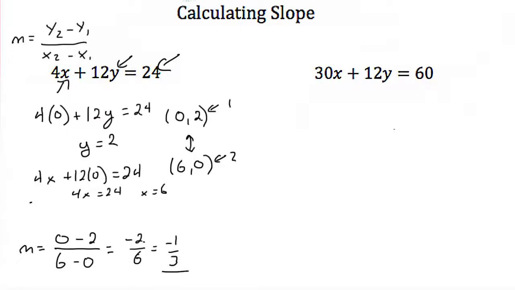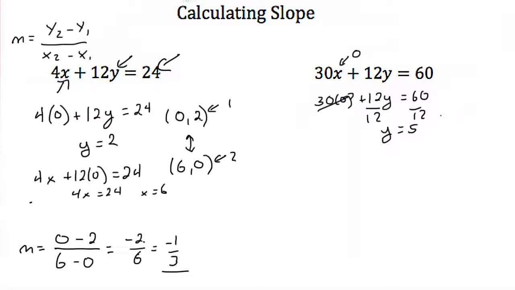Let's try this again on the next one. Again, the easiest ones to solve for are typically the zeros. So first I'm going to plug in 0 for x. So we'll get 30 times 0 plus 12y is equal to 60. That goes to 0. Divide by 12 on both sides, and you'll get y is equal to 5.